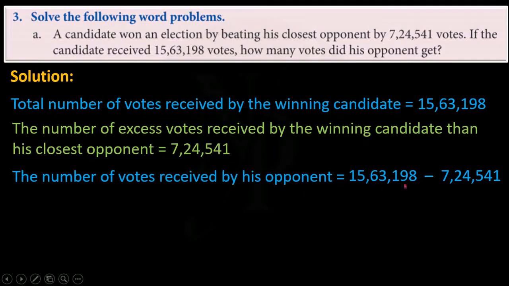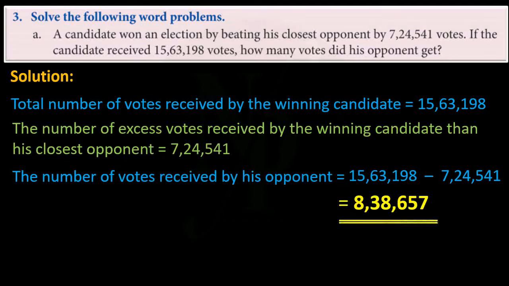So on subtracting this, you will get 8,38,657, which is the number of votes received by the opponent of the winning candidate. So this is the required solution for this problem.